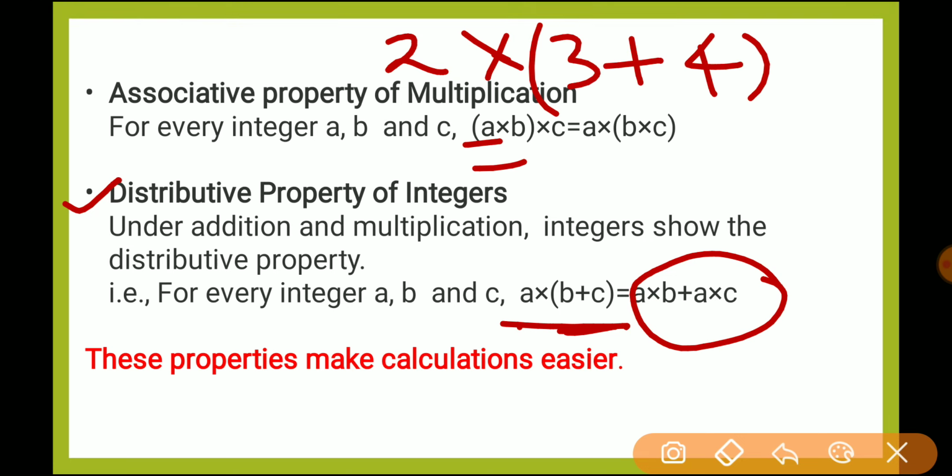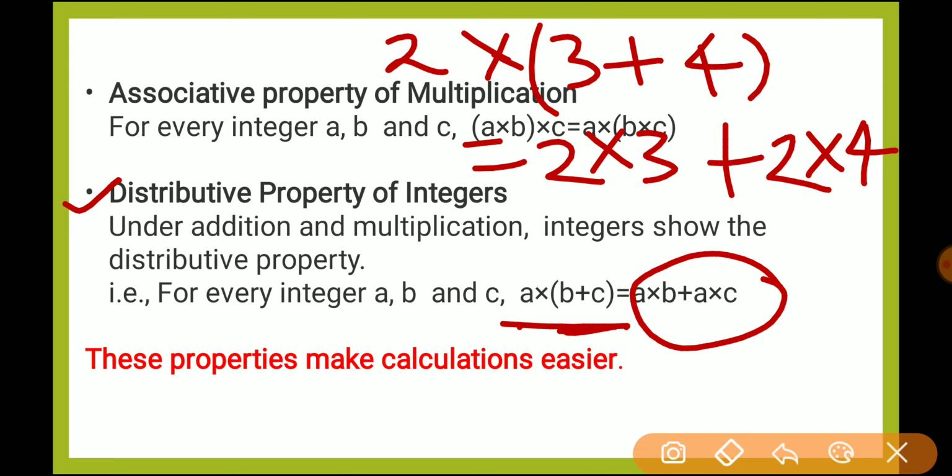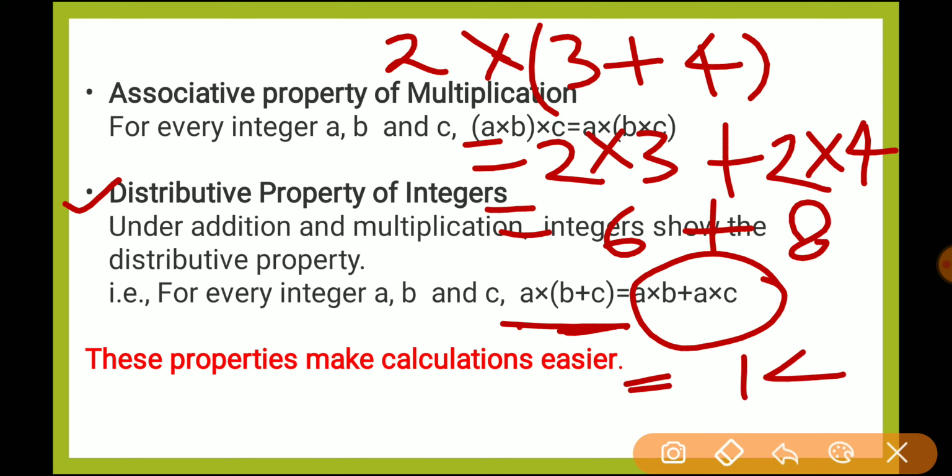First you will multiply 2 into 3, then 2 into 4. So 2 into 3 is 6 and 2 into 4 is 8. So 8 plus 6 is 14. So this is how you will solve for the distributive property and you will get the answer.